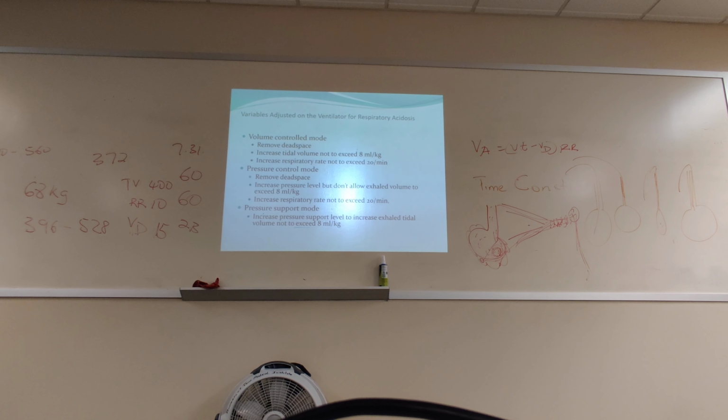If they don't have dead space, then you increase tidal volume, but you cannot go over 8 mL per kg, because that will put the patient at risk of developing barotrauma. If you can't increase the tidal volume because you're already all the way there, then you increase your respiratory rate, but you cannot go above 20.